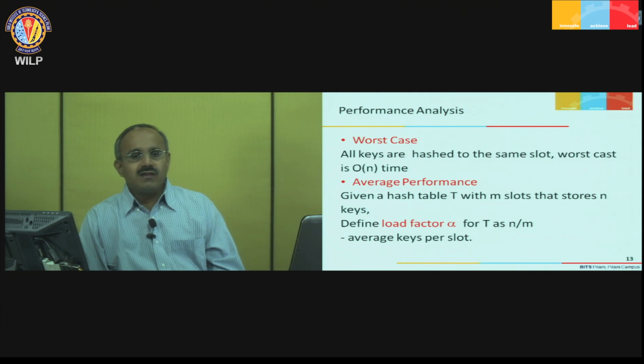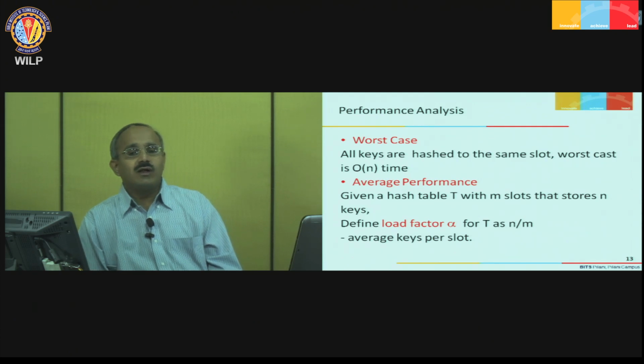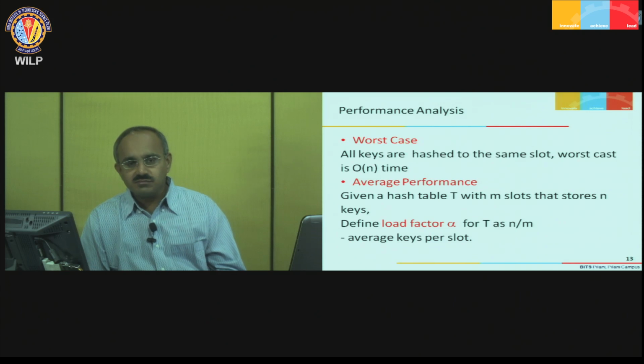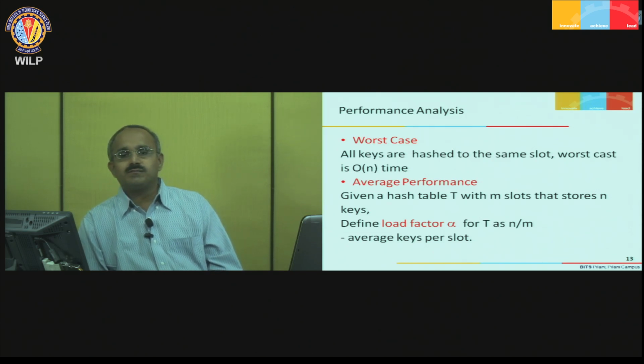So, the worst case is linear, the best case is constant. Now, we know in practice that the best and worst are cases that are not going to occur regularly. So, we look at what is called average performance, that is, given a random input, how hashing is going to behave, or in particular hashing where collision is resolved by chaining. So, we try to analyze the average performance of this scheme.